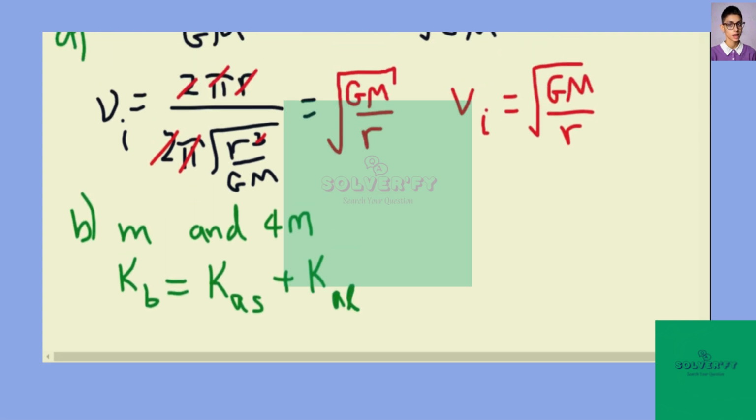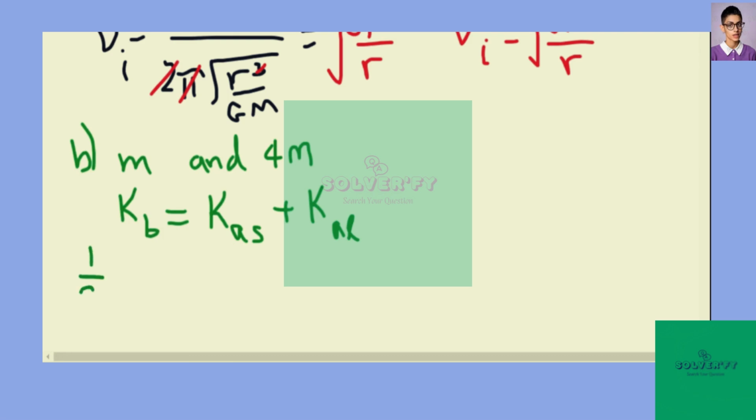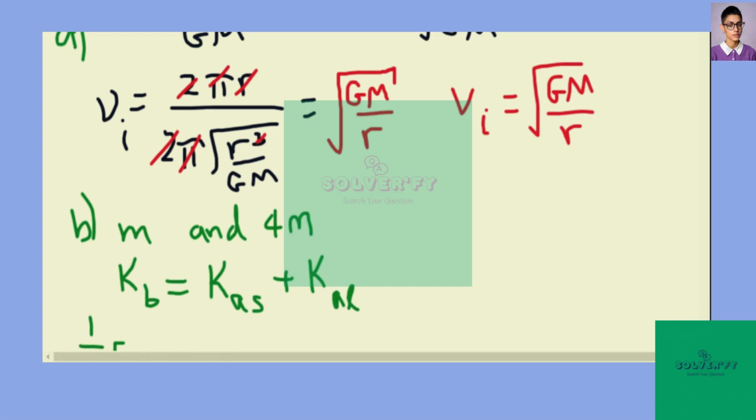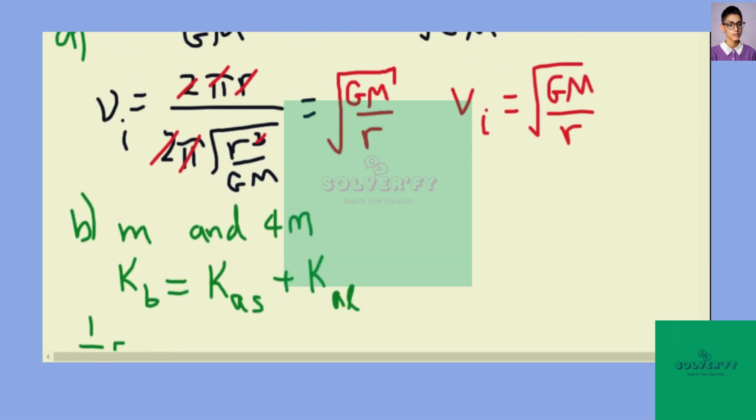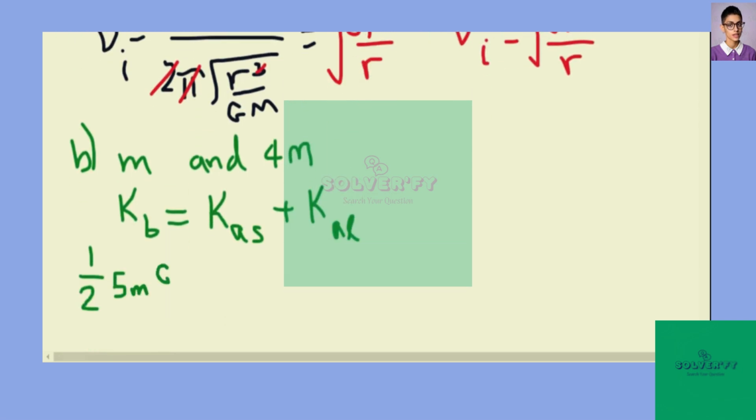So the kinetic energy at the beginning is 1/2 times m, although the mass at the beginning is 5m. And then the v initial squared is GM over r. So 1/2 mv squared is just going to be GM over r.